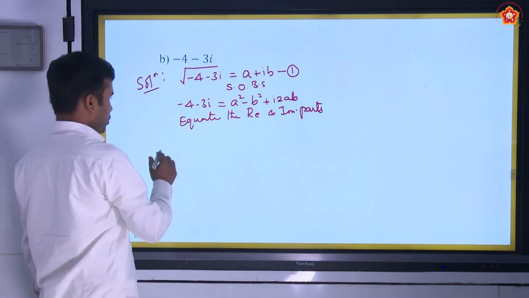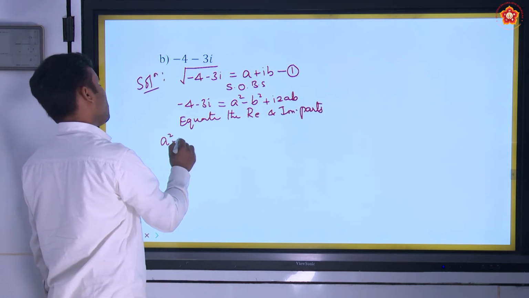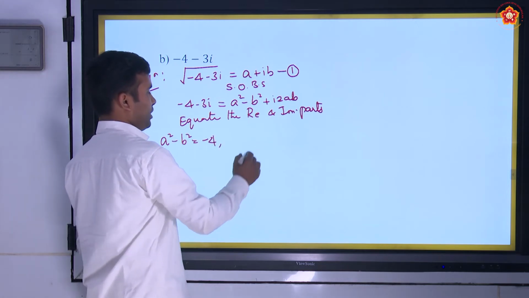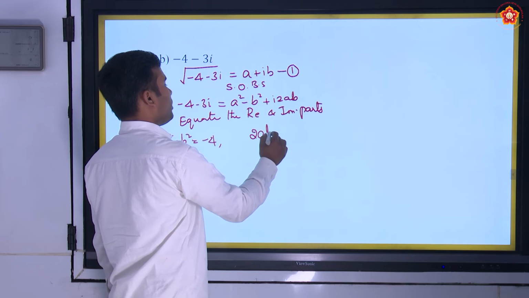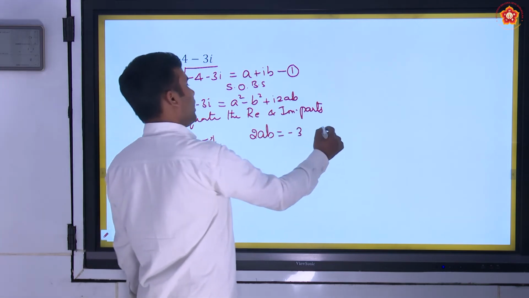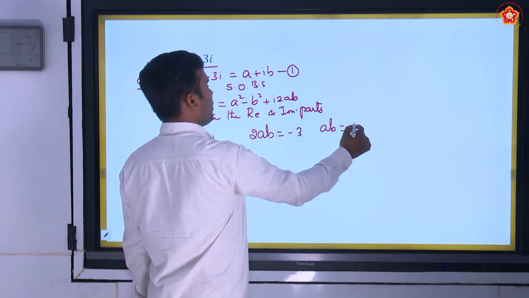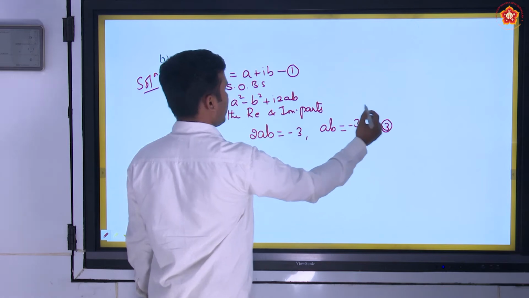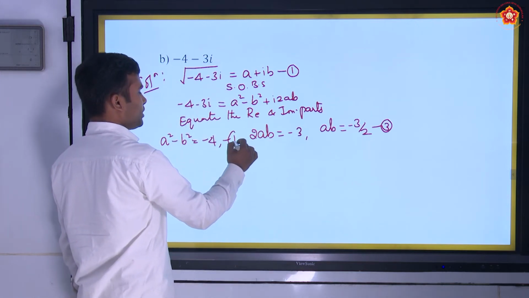So you will get a square minus b square is equal to minus 4, and 2ab is equal to minus 3, or ab is equal to minus 3 by 2. I will call this equation 3 and I call this equation 2.